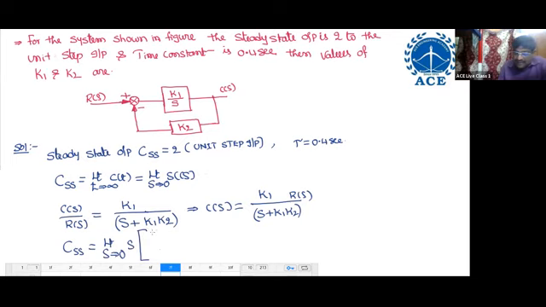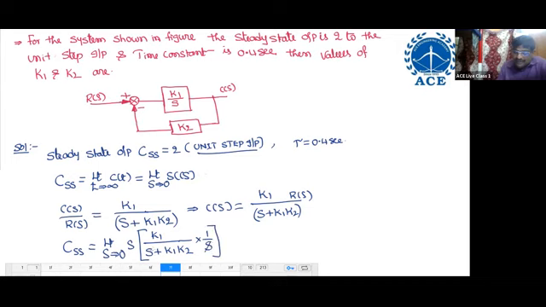What is C(s)? K1 by (s plus K1 K2) into R(s). What is R(s)? Unit step input is mentioned, that means 1 by s.